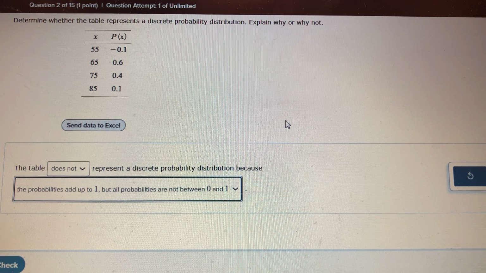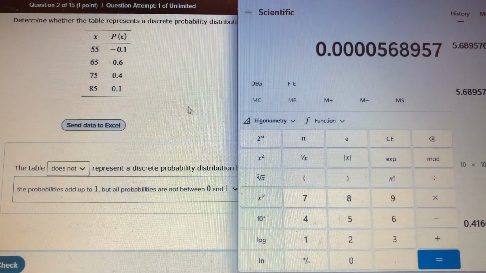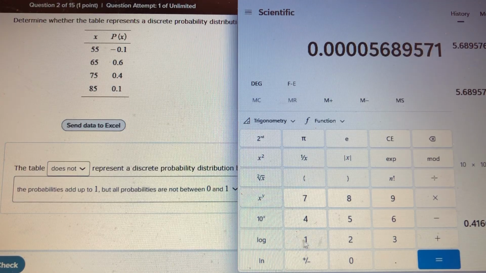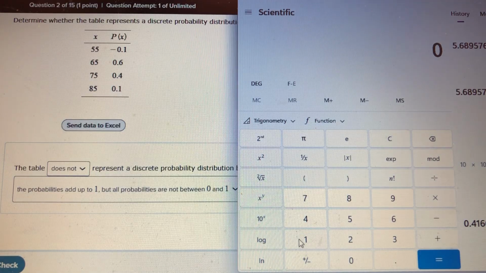And then the third rule is if you add all the probabilities up, it's supposed to equal 1 exactly. And even if you use this negative 0.1 that wasn't supposed to be here, there wasn't supposed to be a negative, but there is one.